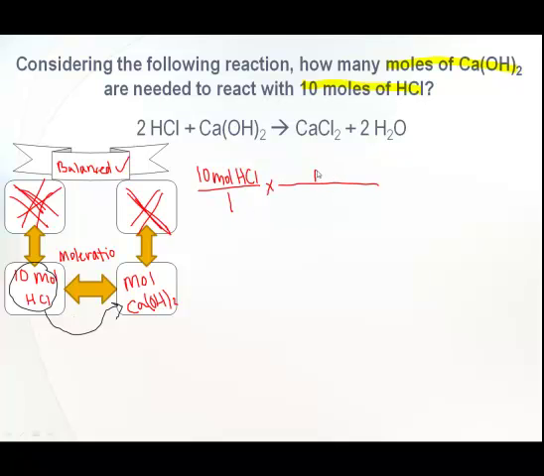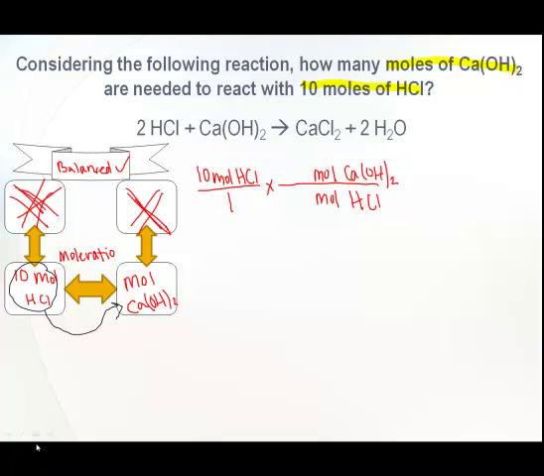So my wanted goes up top. The units that are going to go on bottom are always going to be the units that I want to cancel out. So I'm going to have to take my 10 moles of HCl from here, and I'm going to have to move it down over here. So I'm just going to bring that down. It's just going to be moles of HCl.